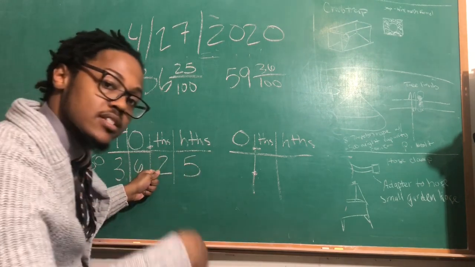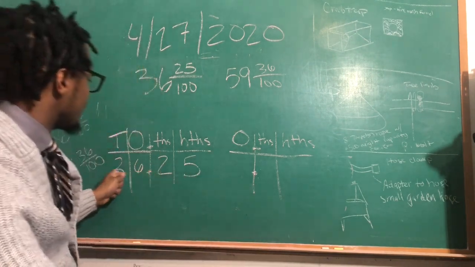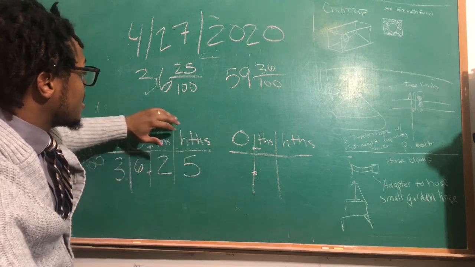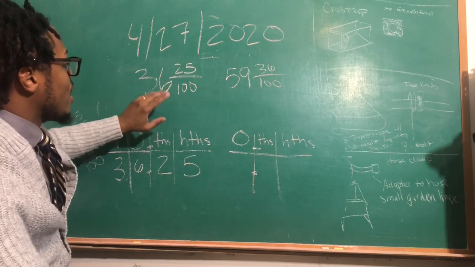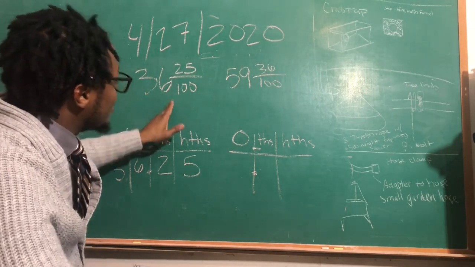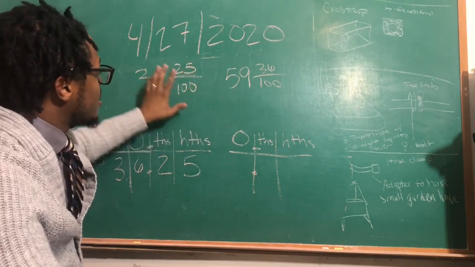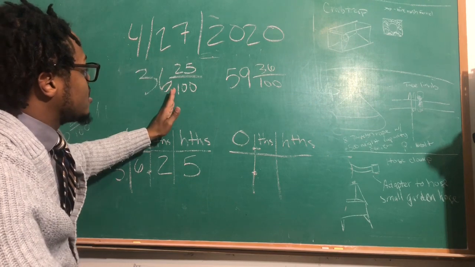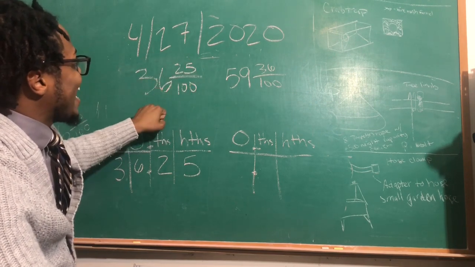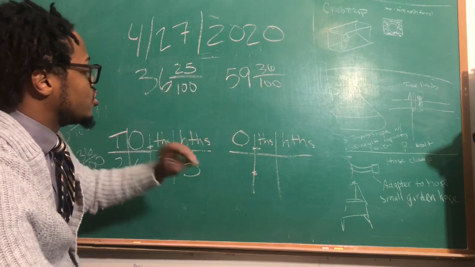The decimal point is always read as "and." Notice, these things are exactly the same. When I read a fraction, I read 36 and 25 hundredths. With whole numbers, the "and" is the decimal that separates the wholes from the parts. 36 and 25 hundredths, just like so.